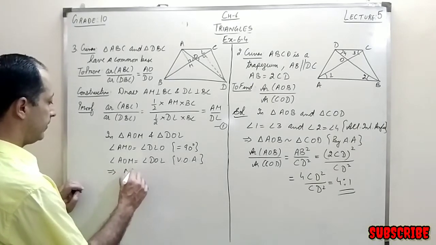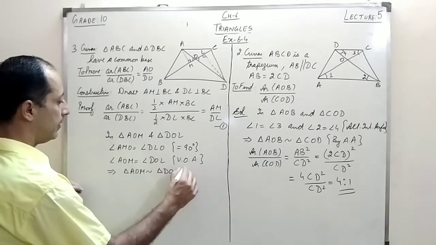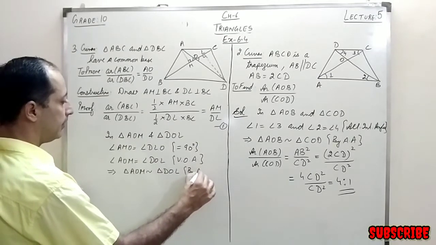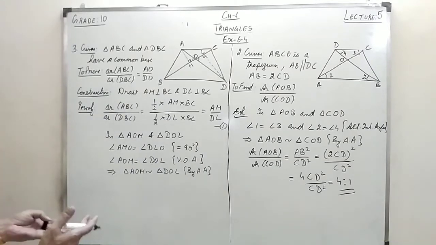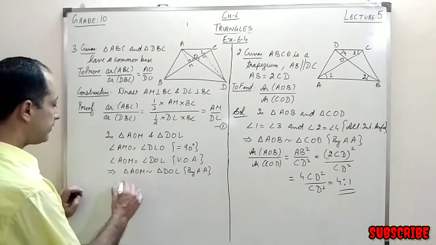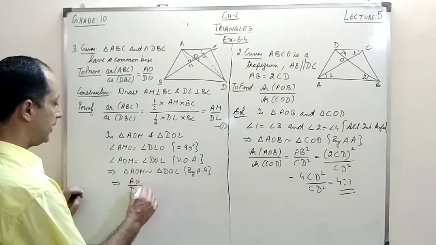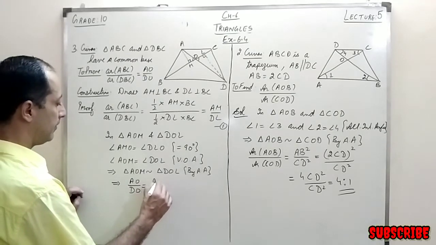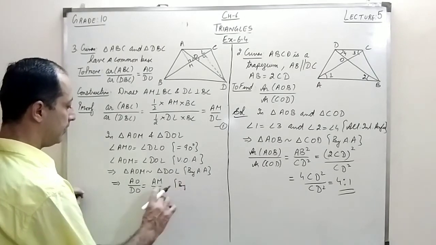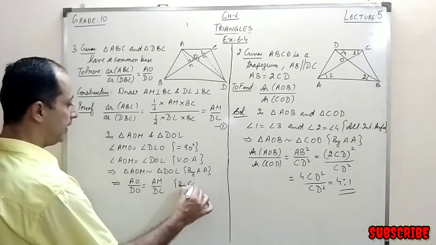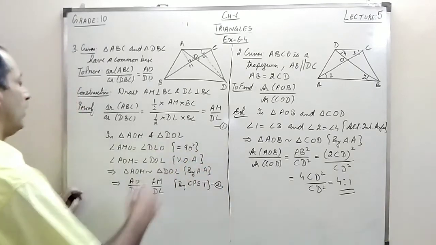So triangle AOM is similar to triangle DOL, and this is by AA similarity, right? Now when the triangles are similar, then we can say that AO upon DO is equal to AM upon DL, and this is by CPST.